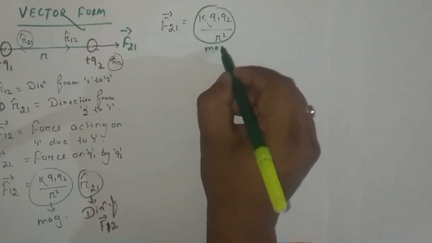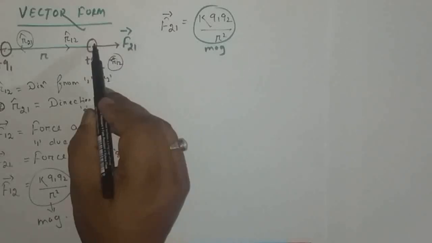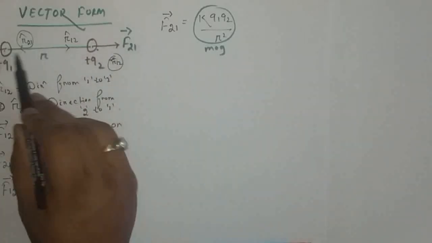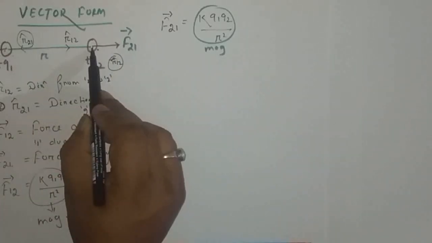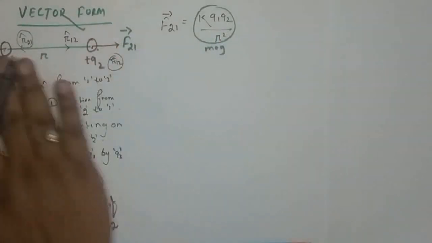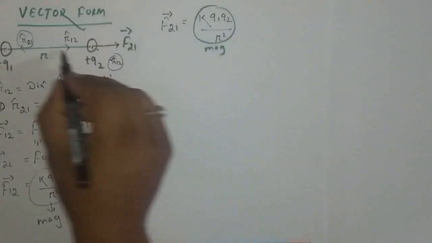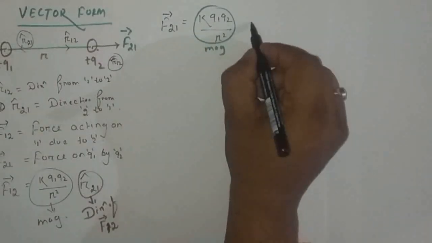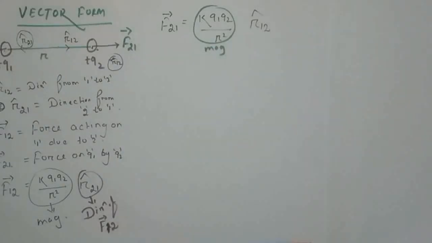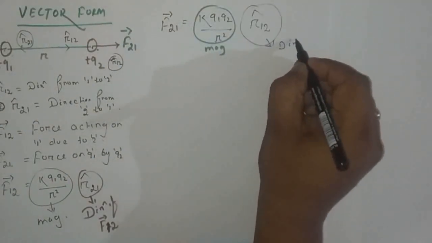The direction is what? Force acting on 2 due to 1. It is away. This time force 1 is acting on 2, in this direction. So I have to write, what is this direction? R1 2. So this part represents the direction.